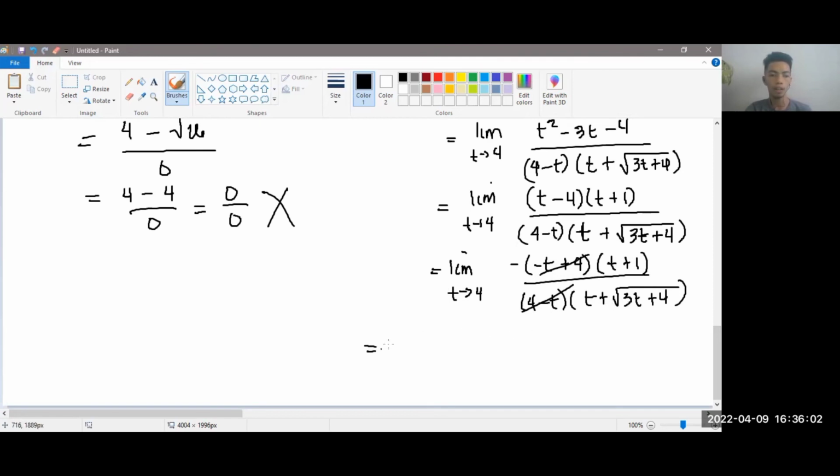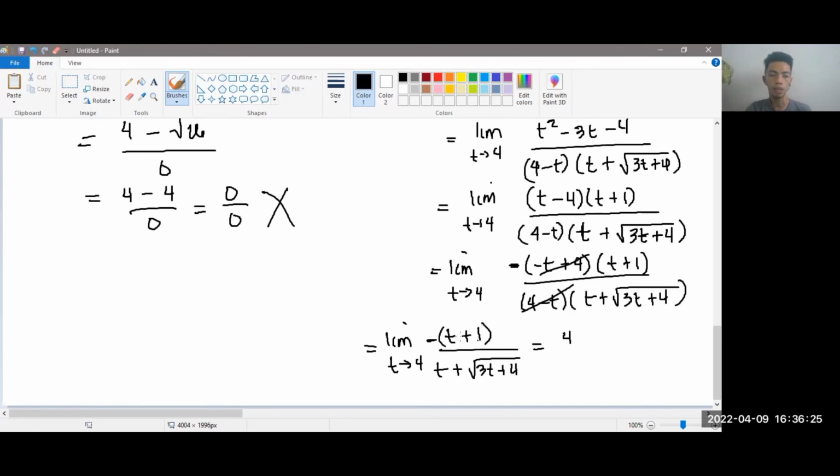So, we have here the limit of t plus 1 over t plus square root of 3t plus 4 as t approaches to 4. Ngayon, itatry na natin i-substitute yung value ng t, which is yung 4. I'm sorry, I forgot the negative dito. So, kasama pa rin yung negative dito.